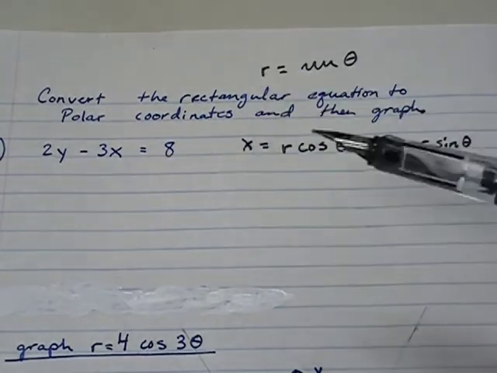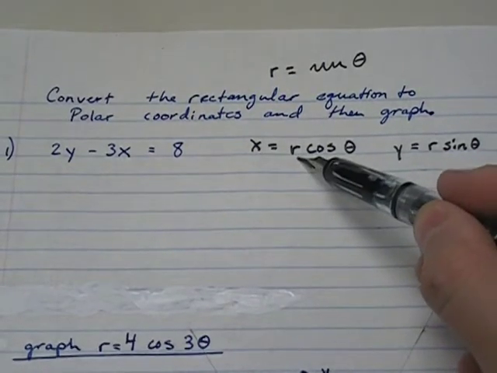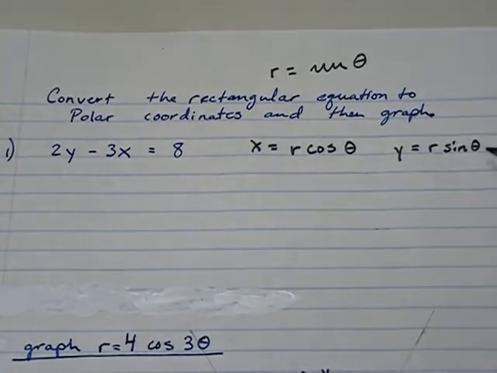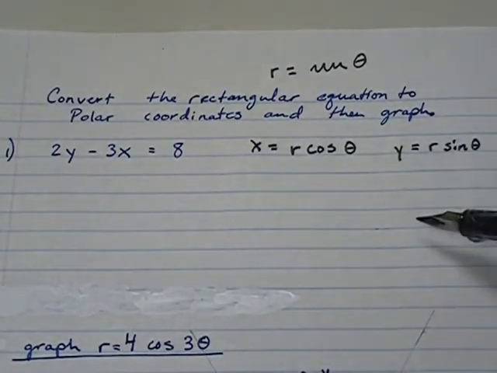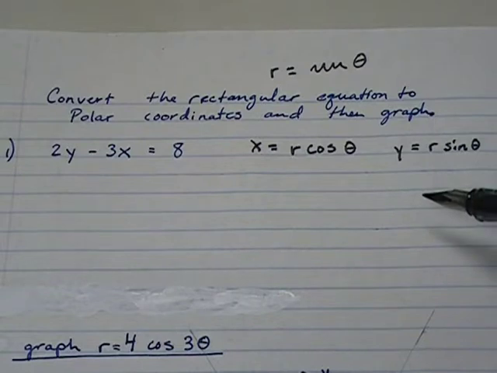Okay, fine. Well, real simple. Everywhere you have x, substitute r cosine theta. Everywhere you have y, substitute r sine theta. And the x's and the y's go away, and you're left with everything in terms of r and theta. Then comes the hard part. Get r by itself on the left-hand side.